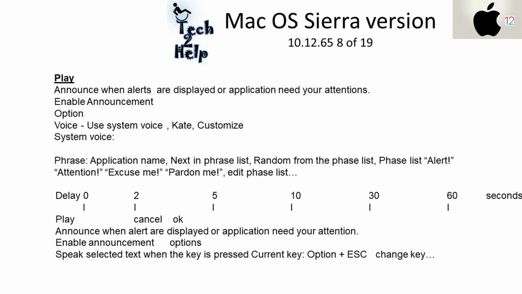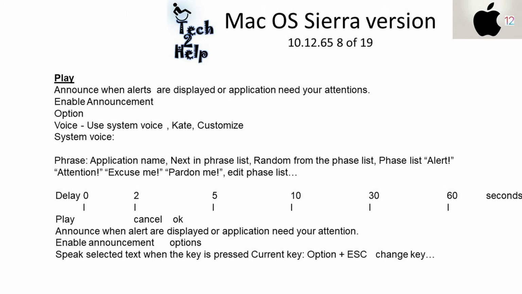Announce when alerts are displayed or applications need your attention. Enable announcements. Options: Voice, use system voice, Kate, customize. Phrase: application name, next in phrase list, random from the phrase list. Alert, attention, excuse me, pardon me.